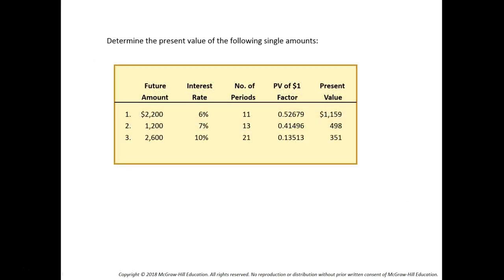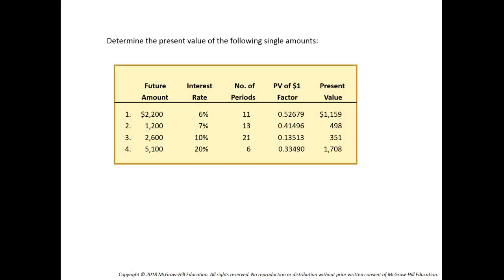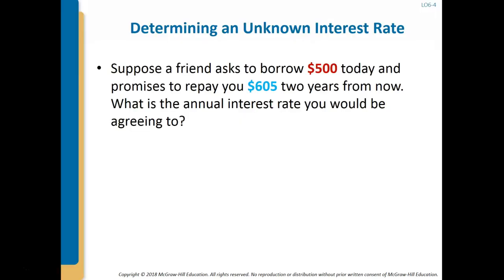We'd calculate a present value of $351. Next, the future amount is $5,100. The interest rate is 20%, 6 periods. That would be the factor 0.33490, which calculates to a present value of $1,708.